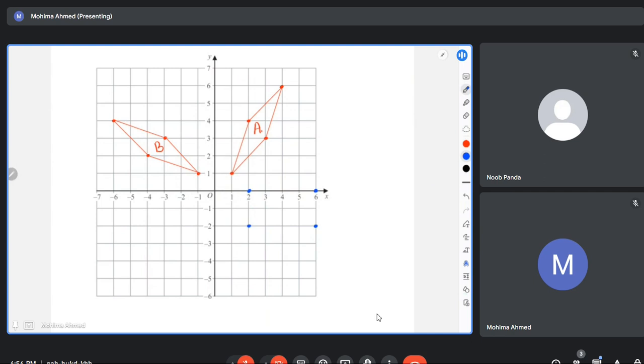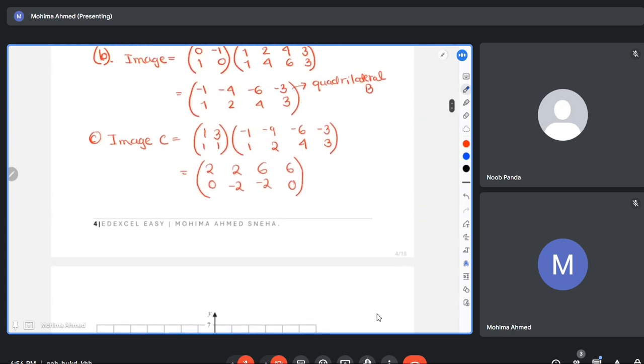But this is an entire square this time. In the other cases, it was slightly a parallelogram. And now this is an entire square they're creating. So this is your quadrilateral C, right? That is it done. After this, we are going to move on.